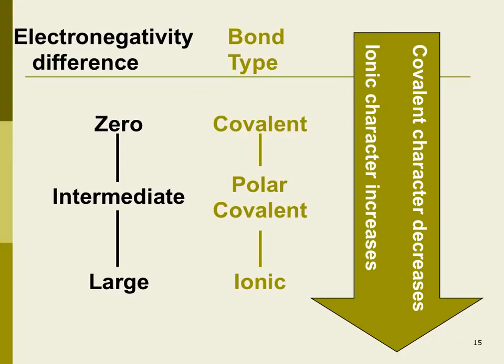It's really more of a sliding scale, a gray scale, where something that has absolutely 0 electronegativity difference would be covalent, something like a diatomic hydrogen. The largest electronegativity difference would be the most ionic compound. So, for example, if francium could bond with fluorine, that would be the most ionic compound.